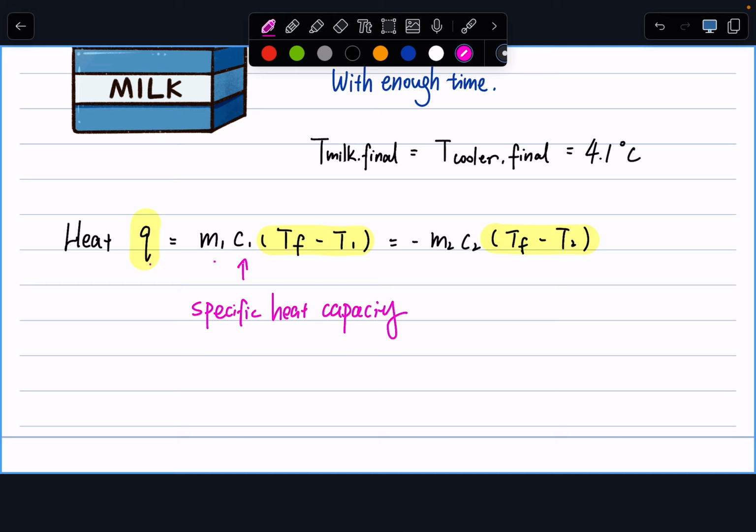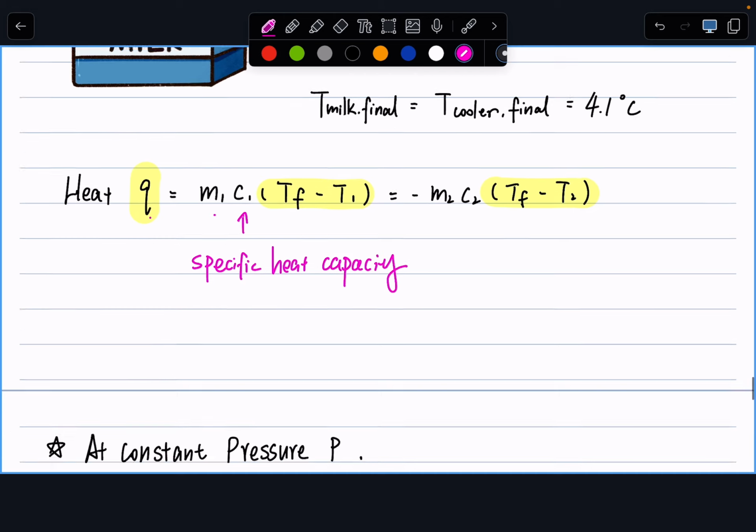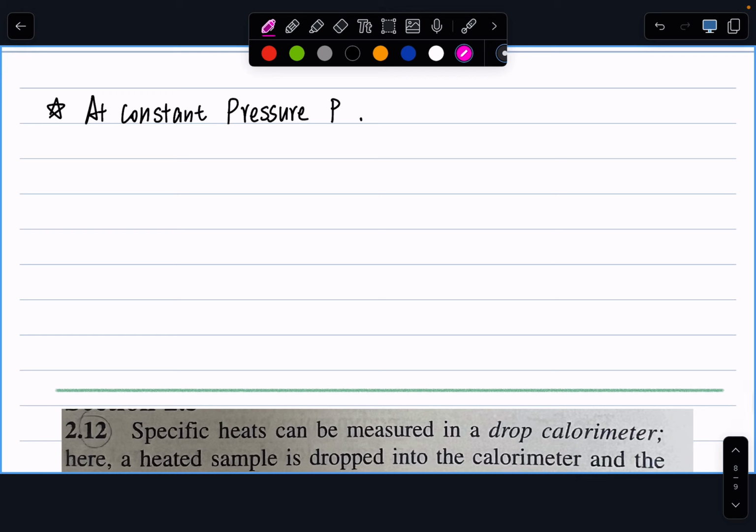And at constant pressure, let's say, assuming we have constant pressure, we can rewrite that equation as the infinitesimal amount of heat, or the Q with a subscript of P. So whenever you see a subscript of P, it tells us this is the heat, or this is the function, at constant pressure.